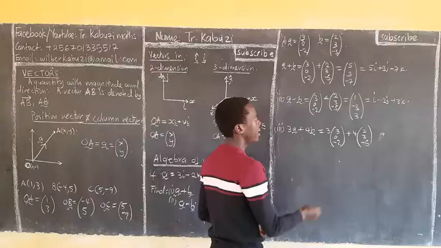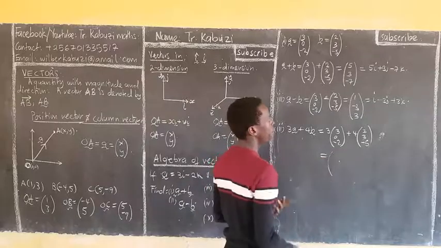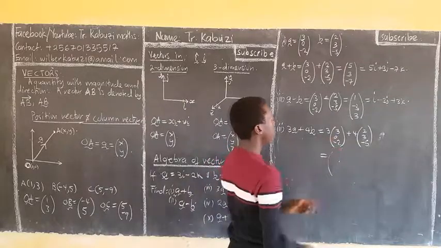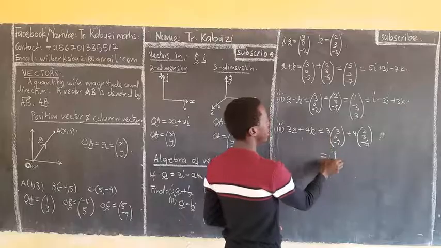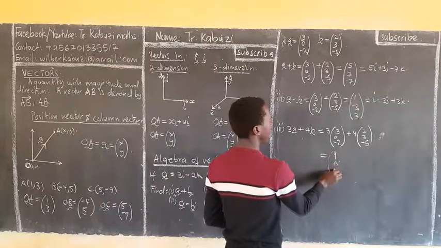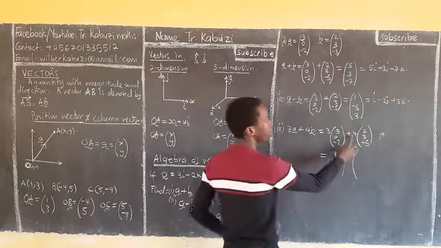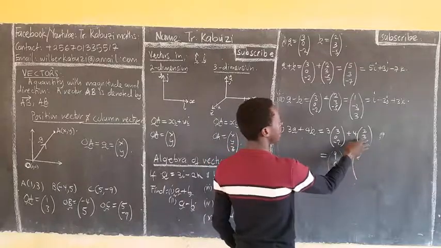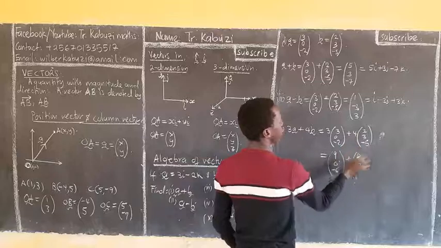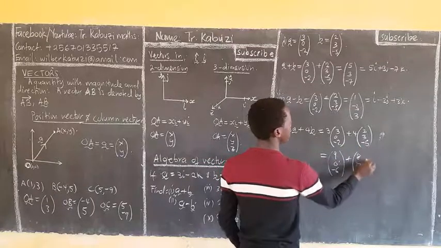If you multiply there, 3 times this will be 9, 3 times this you get 0, 3 times this you get negative 6. Now plus, you always multiply first. So 4 times this you get 8, you get 12, you get negative 20.